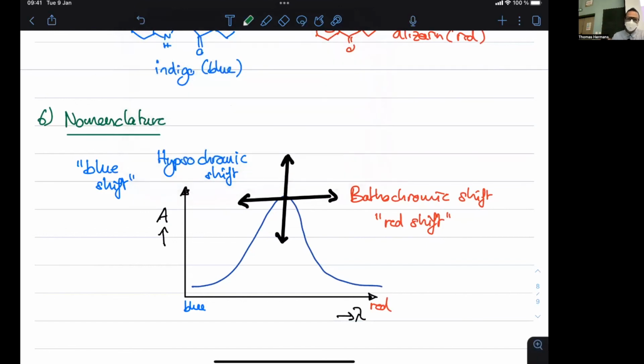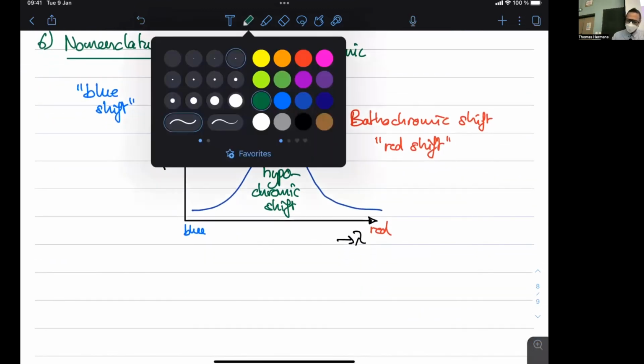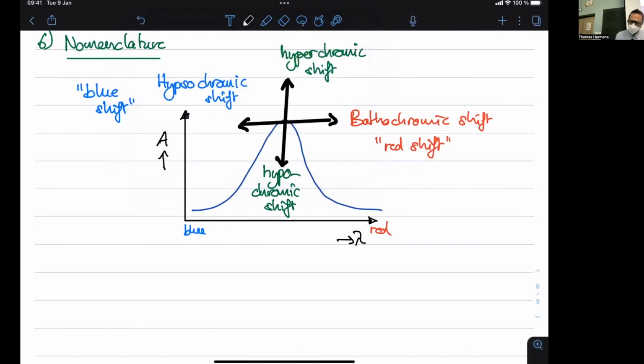Then there are situations where it shifts up. So this you call hyperchromic shift. And when it shifts down, you call it hypochromic shift. Okay, so that's cool. So how does this shift? What's the cause?